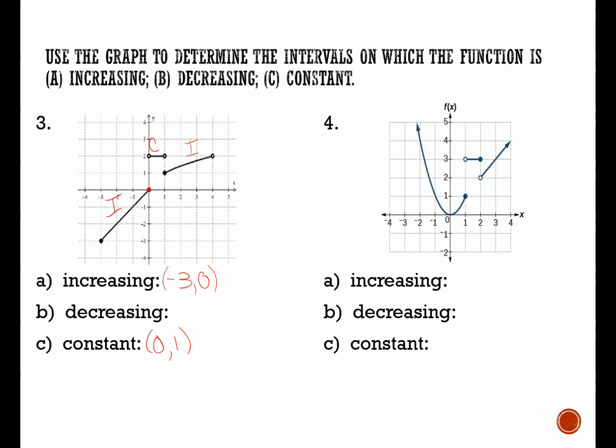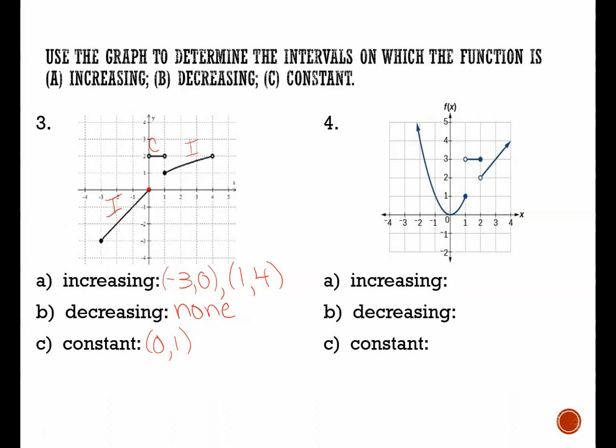And then our last interval picks up with 1. It's increasing again, so we're going back up here to increasing. 1 increases all the way to 4 on the x-axis. So just 3 intervals. It is not ever decreasing, so let's put none for decreasing.